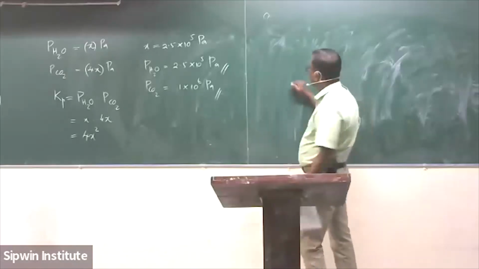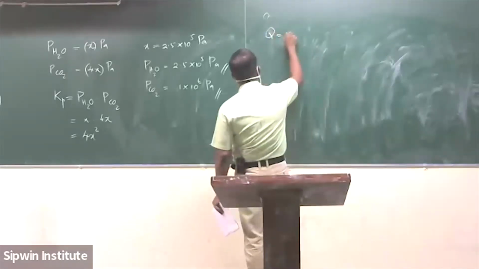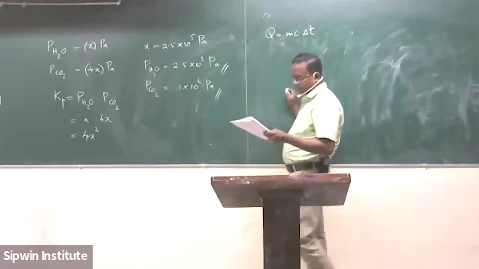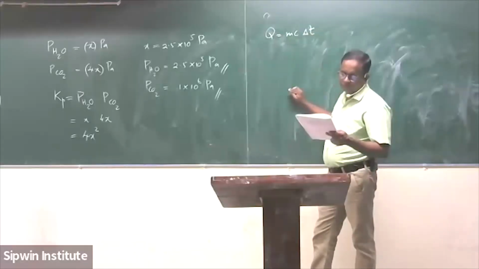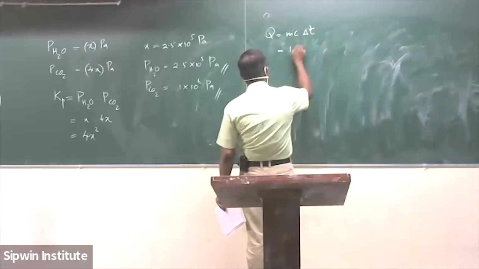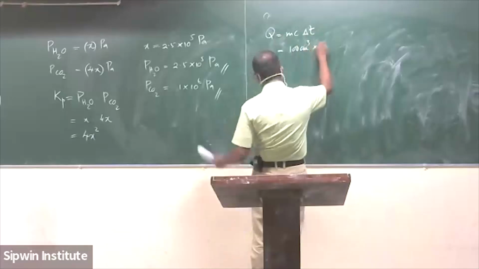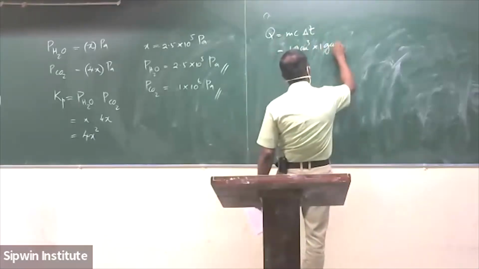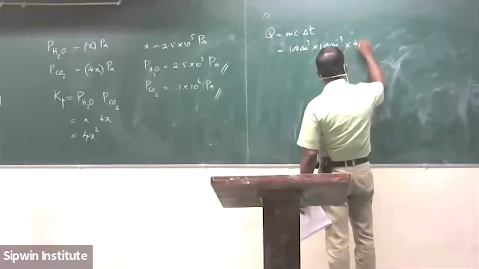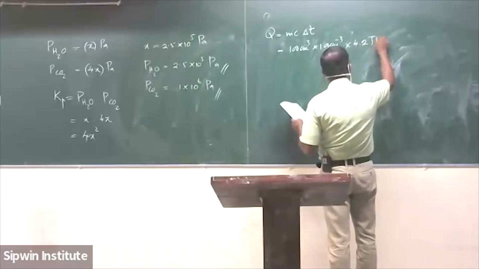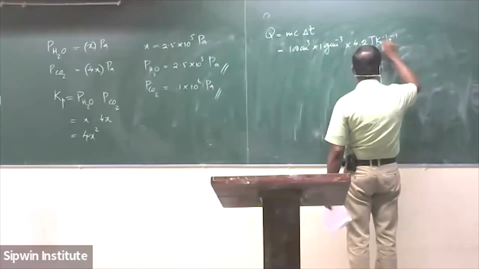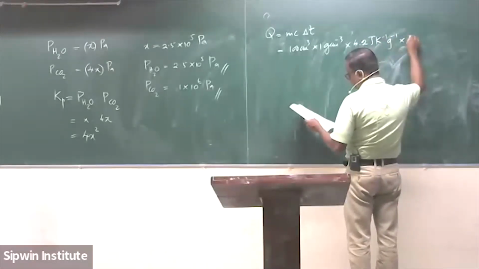Q equals mc delta T, we can apply that one. The volume is 100 cubic centimeters, so 100 cubic centimeters times 1 gram per cubic centimeter gives 100 grams. c is given as 4.2 joules per Kelvin per gram. The temperature change we can take as 5 Kelvin.